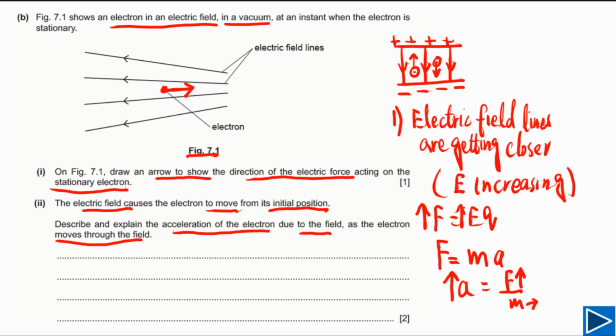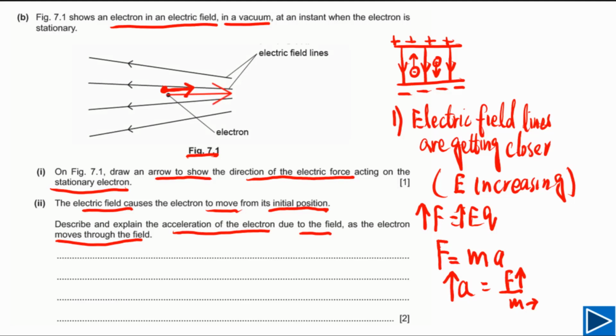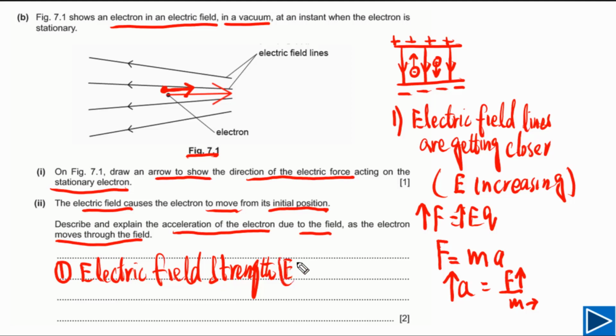So let me explain to you how you can write down your answer. This question has 2 marks. You can say electric field, E, increases.